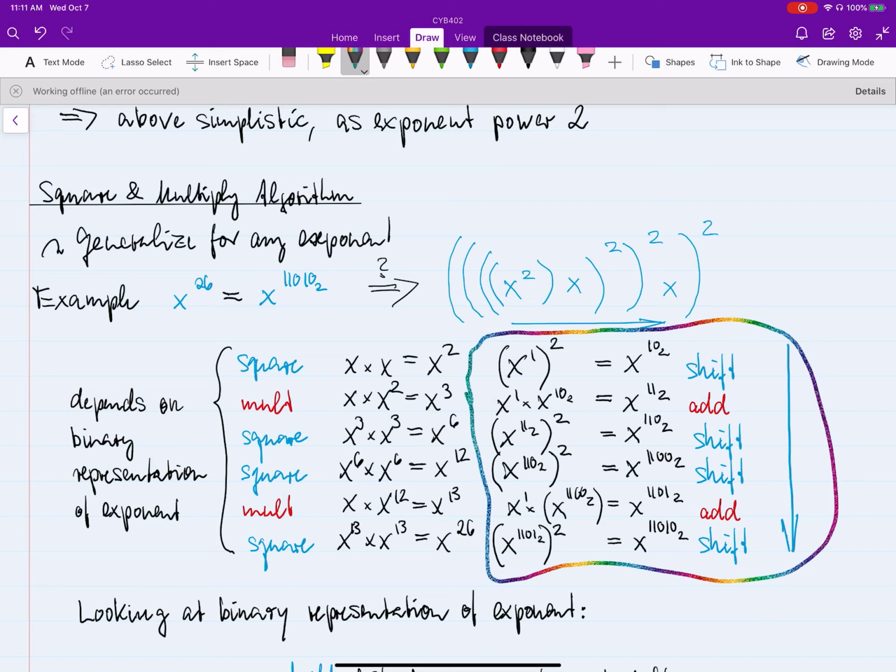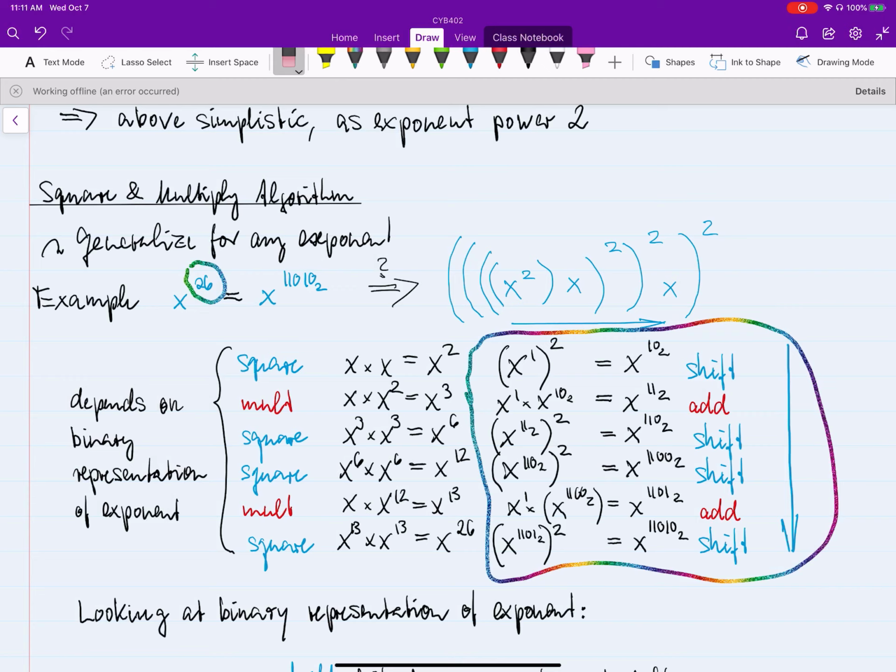Remember that we are shooting for an exponent of 26. The idea is that with each squaring, the exponent at the time is being doubled, and if we are multiplying, we add 1 to the exponent.